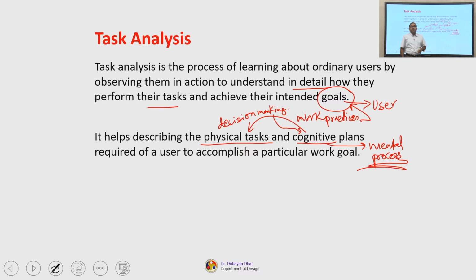So, when we conduct a task analysis, it provides us with a detailed idea of the observable tasks that we see, the activities that they perform, and it also lets us know about the mental processes, the various decisions that our users generally take in order to complete their tasks and reach the goals.